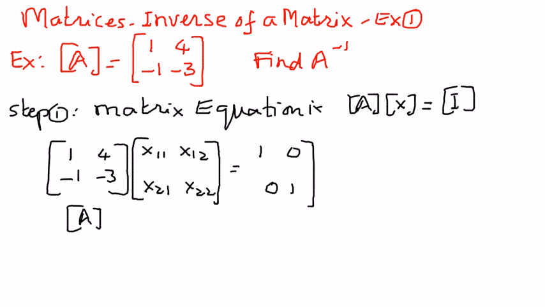One of the properties of the identity matrix is that we have ones along the major diagonal, and the rest of the elements will be zeros. Now let me finish this. The 1, 4, -1, -3 is matrix A, and the variable terms x11, x12, x21, x22 is the variable matrix, and that is equal to the identity matrix.